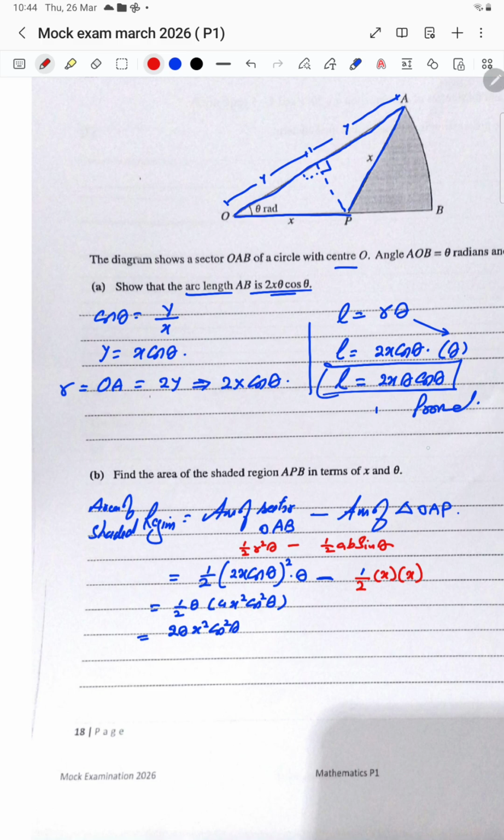Let me make it here. This is what for the right angle triangle. This is Y, we know this is the height we're looking for, and this is theta and x. So here sine theta is what?